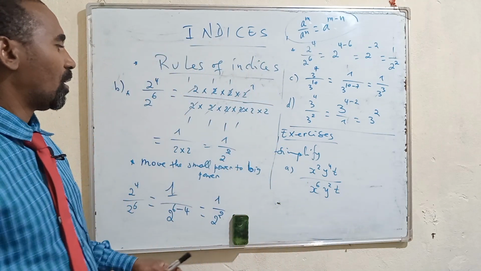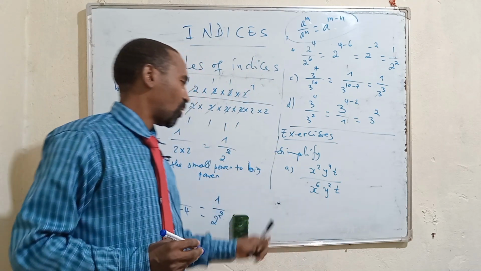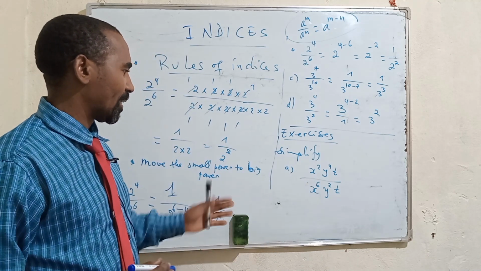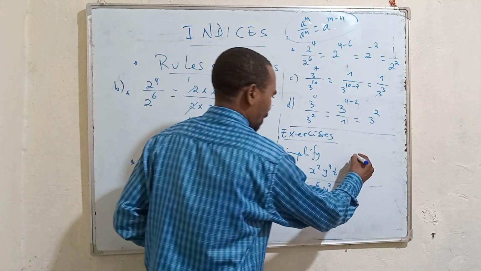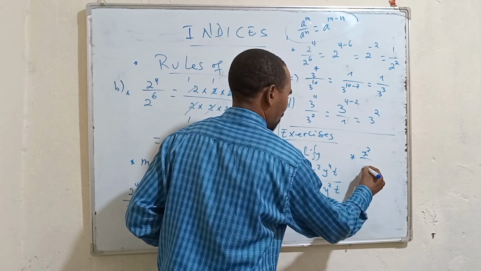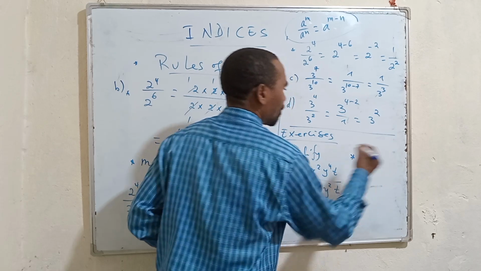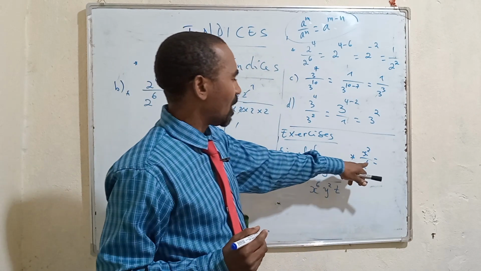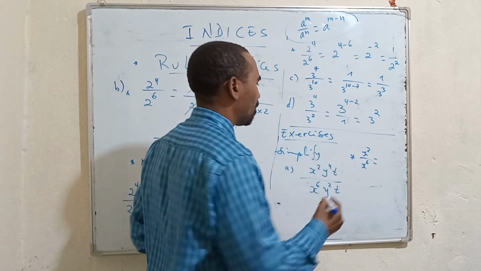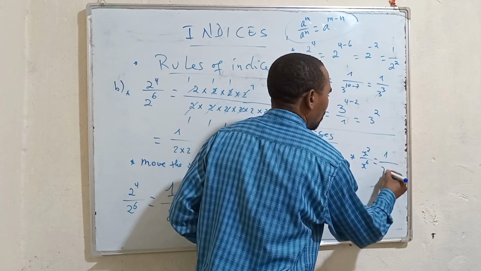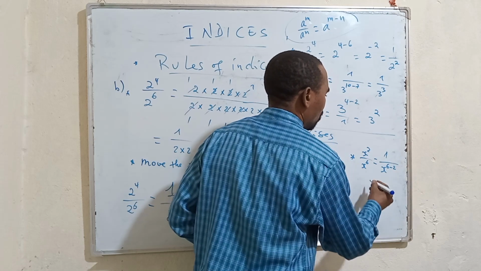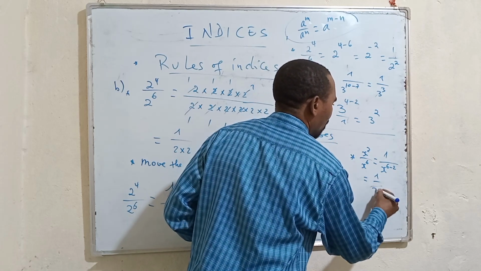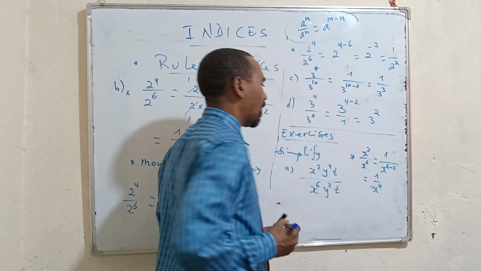Here, we simplify first of all the same letters, like terms. I can take x squared over x power 6, and as the denominator has the bigger power, I move the numerator power to the denominator. I get 1 over x power 6 minus 2, which is 1 over x power 4. For x, I have 1 over x power 4.